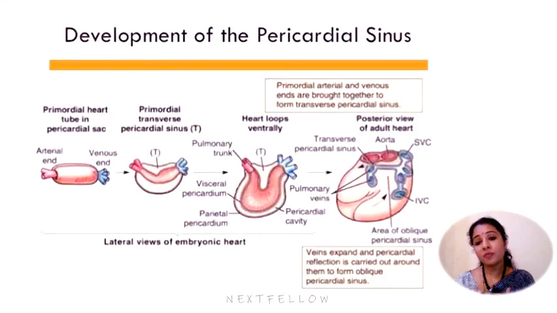It initially forms a membrane which separates the pleural cavity from the pericardial cavity. Later it becomes fibrous to form the fibrous pericardium. So remember, the fibrous pericardium is from the pleuropericardial membrane, and this fibrous pericardium covering the pericardial sac encloses the heart.